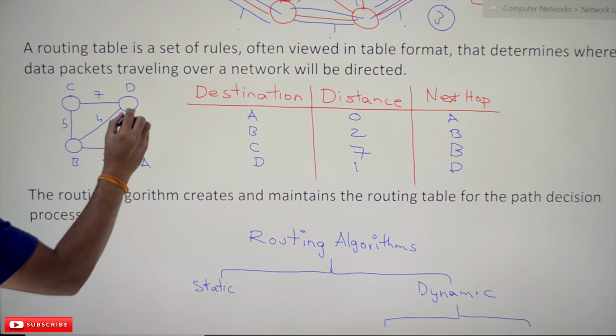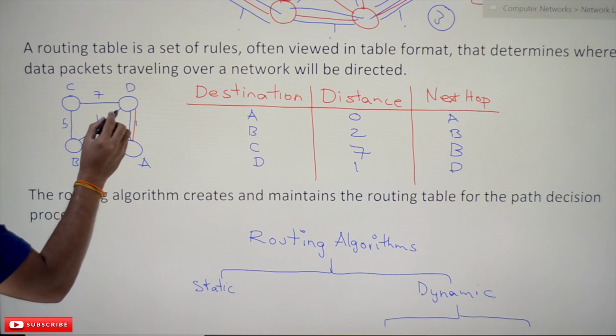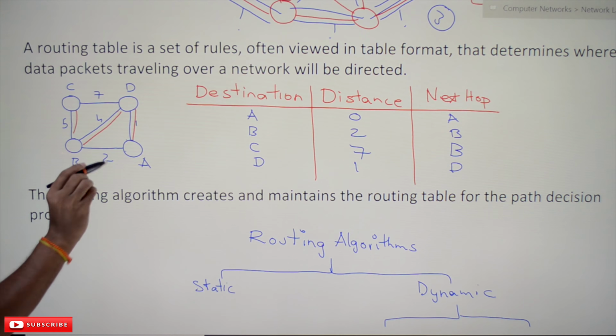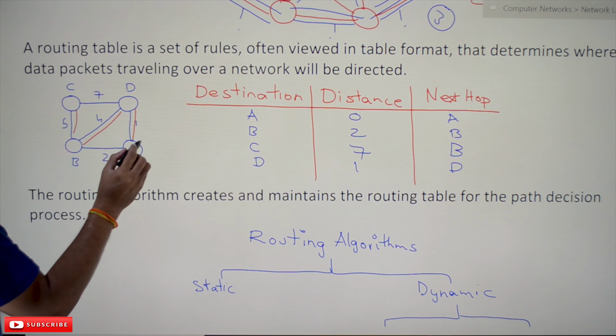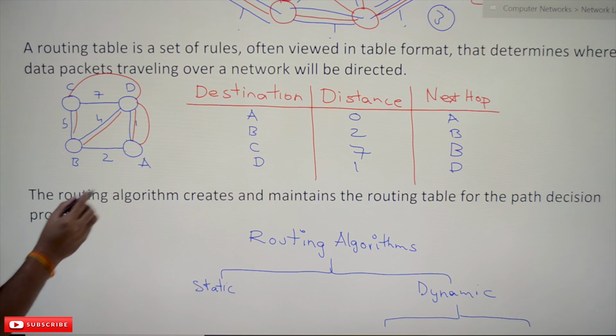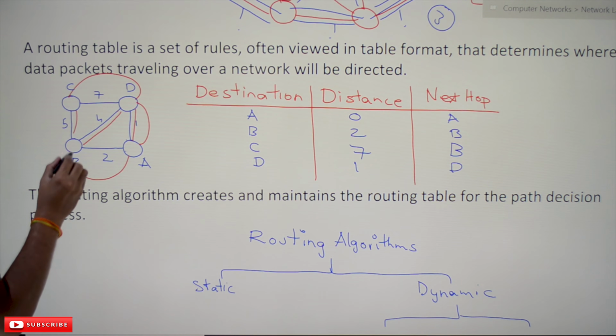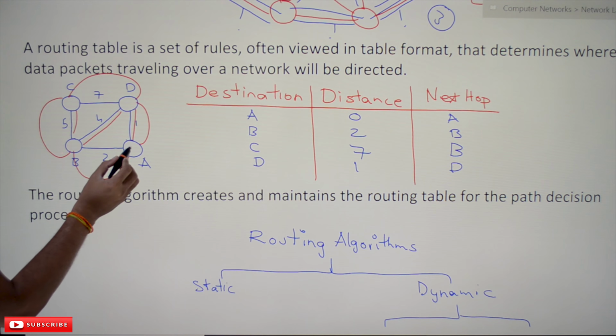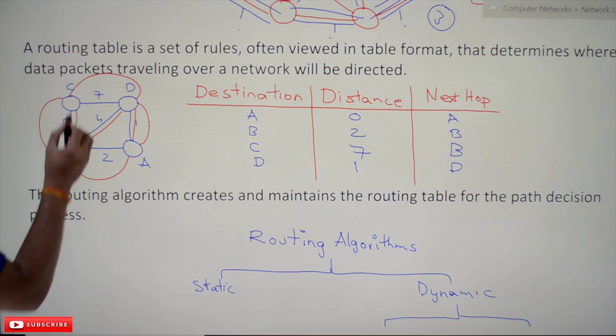It is from A to D, and from D to B, and this is one of the paths, not the best path, and the other path is A to D and from D to C, and the other path is A to B and B to C. So what is the distance for the first path from A to D, D to B, B to C?